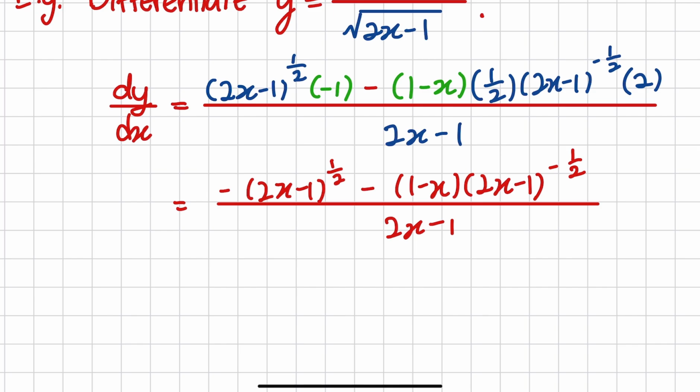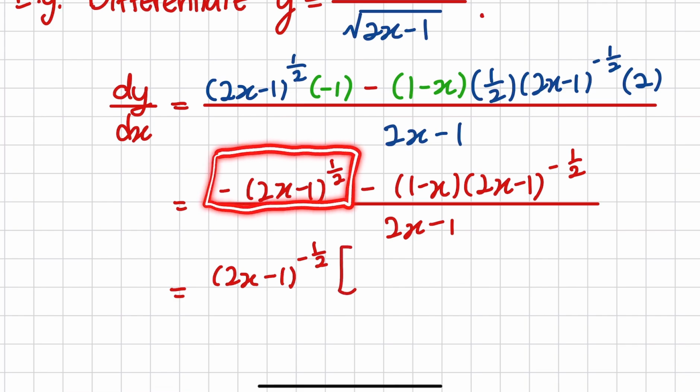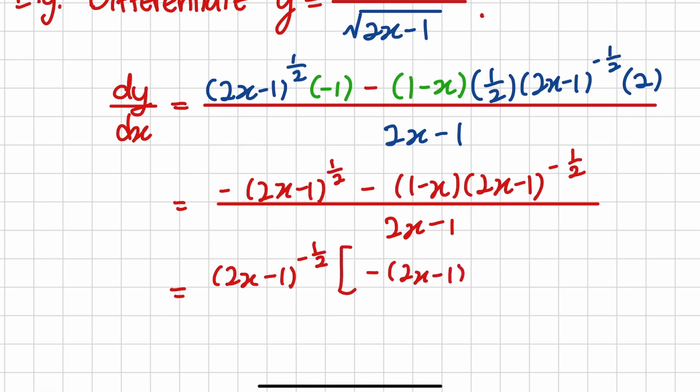If I factorize out power negative half, I will be left with the first term, negative 2x minus 1 power 1. You can expand back and check that you get back 1 minus half, which is half for the power.